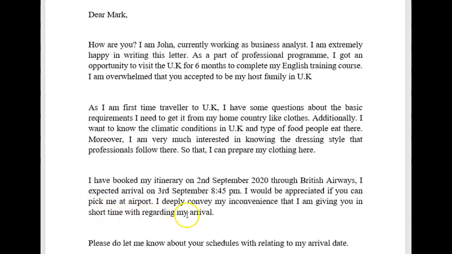In the short time regarding my arrival. I don't understand that. I mean, it's 2 months from now, so I don't know why you're saying it's a short time. This is a little bizarre to me. I deeply convey my inconvenience that I'm giving you in my short time regarding my arrival. All right, I think I know what you want to say. I think. Let's see.